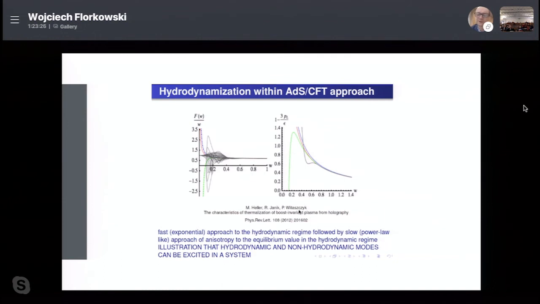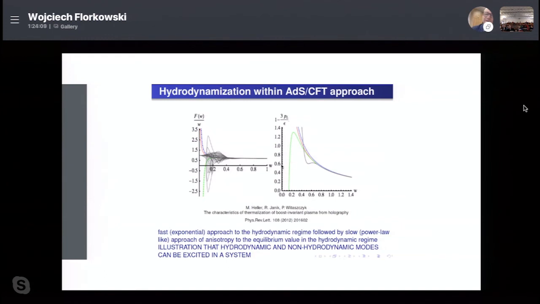What they show is really that all solutions which describe this very strongly interacting system actually approach a hydrodynamic regime. But what is really interesting is that even if this hydrodynamic regime is achieved, the system is still highly anisotropic, because this function F of W can be translated to the asymmetry of the pressure.